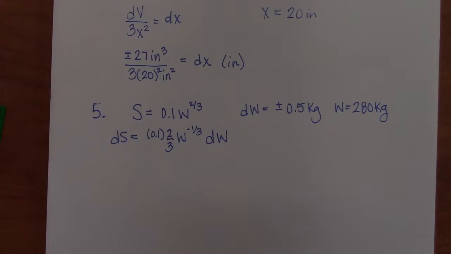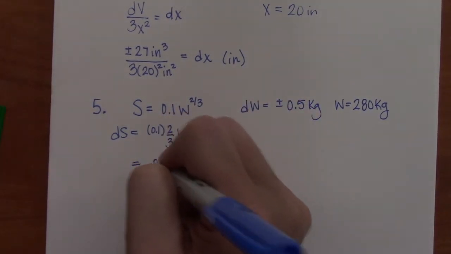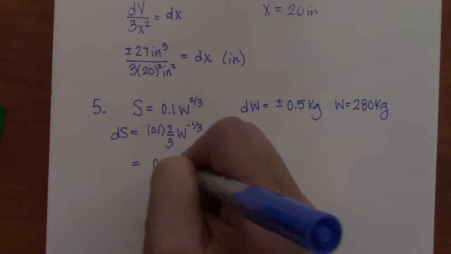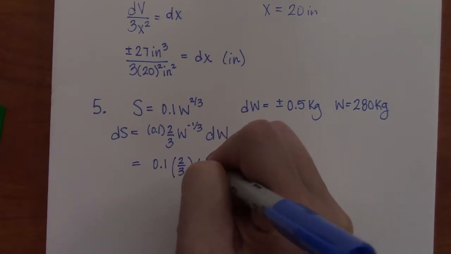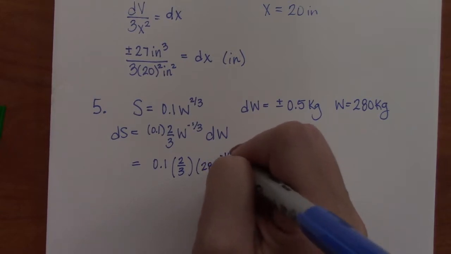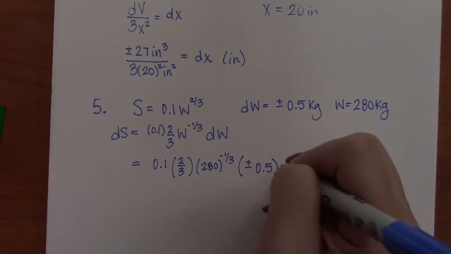We were given the error for the weight because it was in kilograms. We're looking for the change in surface area. So for this one, we just need to plug our value straight into the equation. So 0.1 times 2/3 times 280 to the negative 1/3 times plus or minus 0.5.